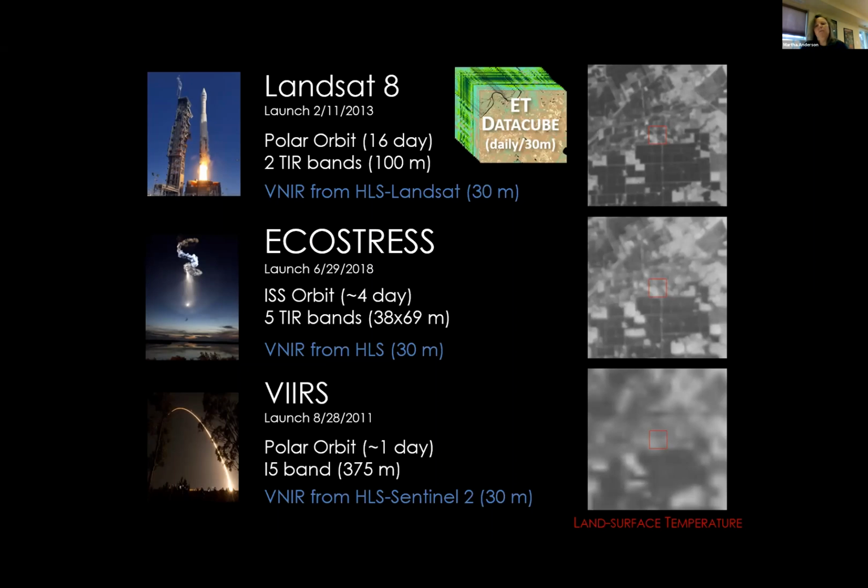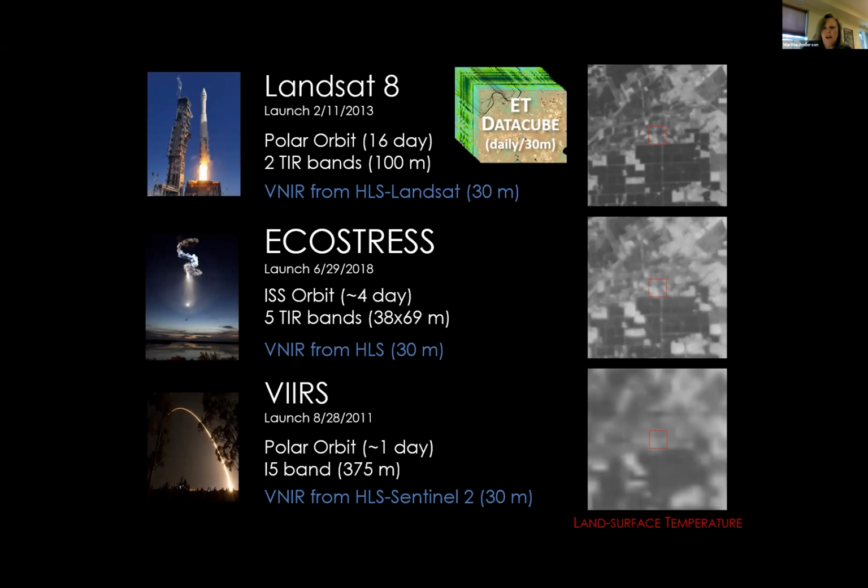And then we've also been experimenting with pairing coarser resolution thermal imaging from the VIIRS sensor, the I5 375 meter band, with VNIR data from Sentinel-2. Sentinel-2 doesn't have a thermal sensor, so we're trying to use VIIRS as a proxy on those overpass dates.